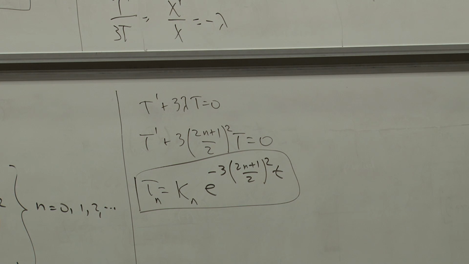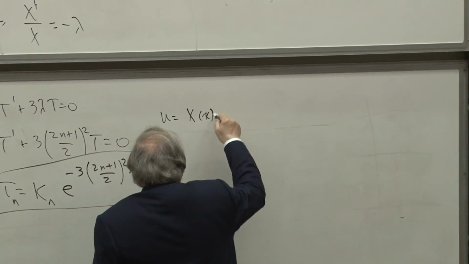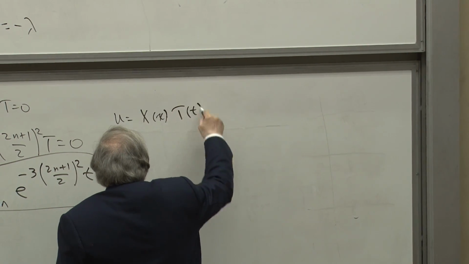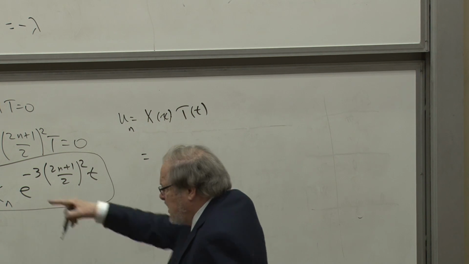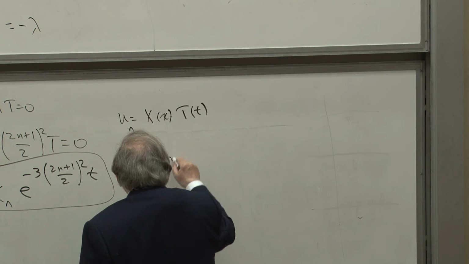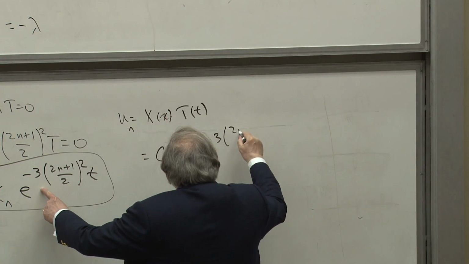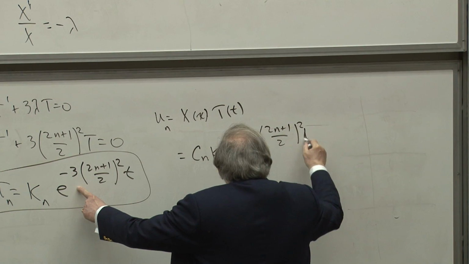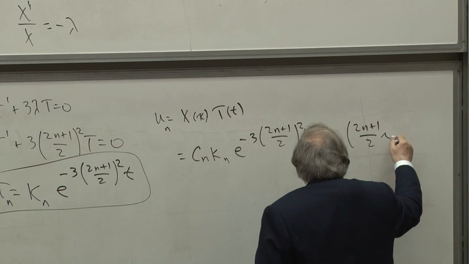And let's see what else the problem says. For each eigenvalue, give the corresponding solution to the heat equation. So now the solutions to the heat equation are x times t. We have one of these for each value of n. It's c sub n, k sub n, e to the negative 3 times 2n plus 1 over 2 squared t, sine of 2n plus 1 over 2 x.